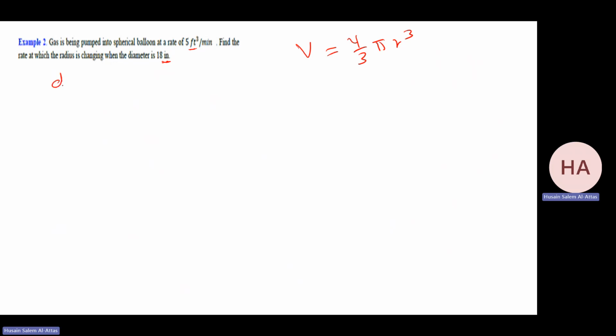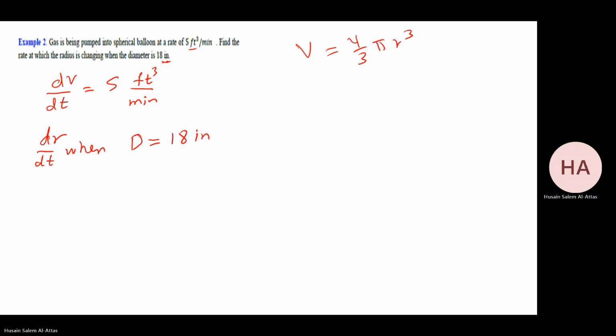The rate of change of the volume is 5 feet cubed per minute. They want dr by dt when the diameter is 18 inches. That implies r is 18 over 2 inches, which is 9 inches. But I want everything in terms of feet.